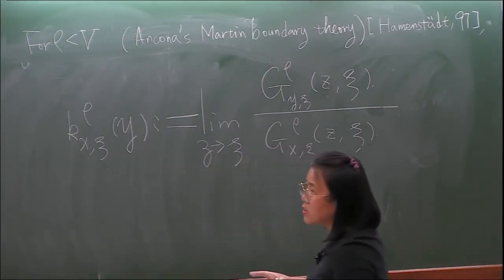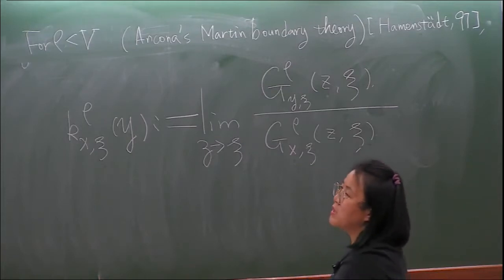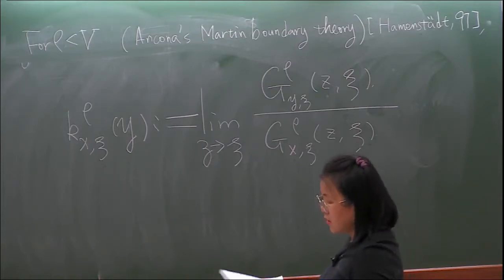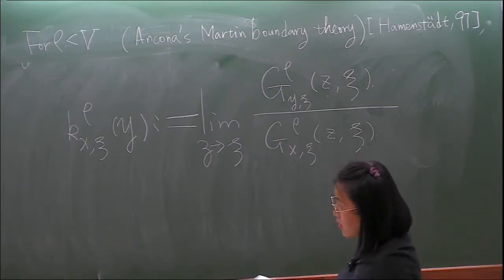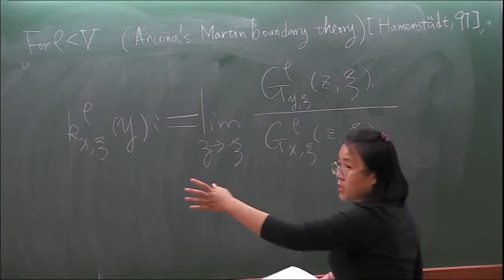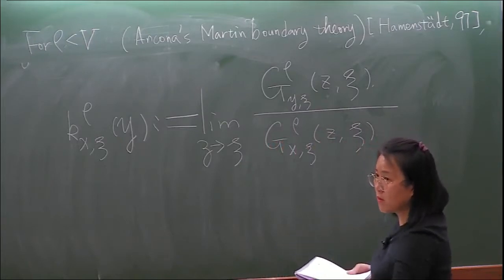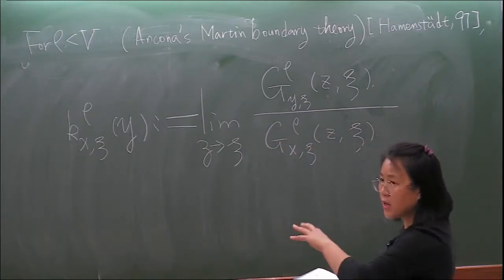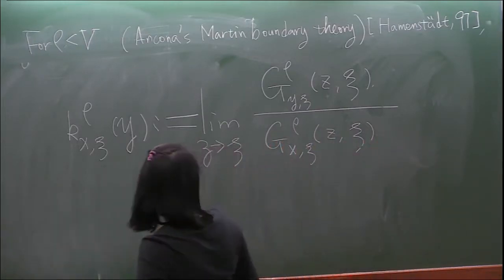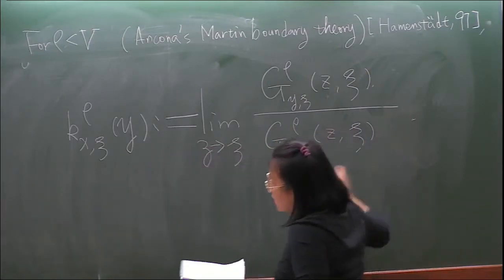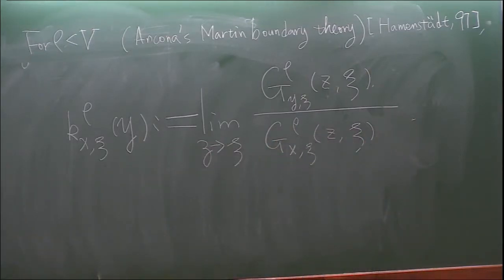This class of measure is very similar to Patterson-Sullivan measure on the one hand, and on the other hand is also related to this Martin kernel. It's a mixture of the non-random case and the random case. So what does that mean? Let me write it down. We have enough time, I think.